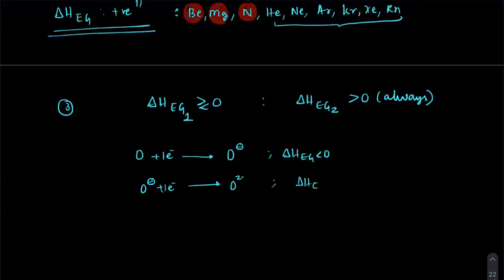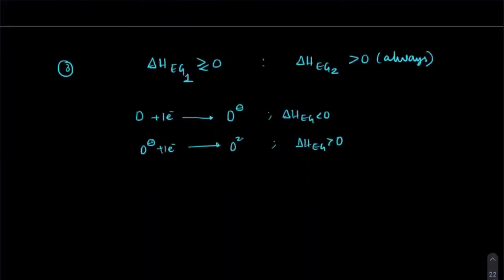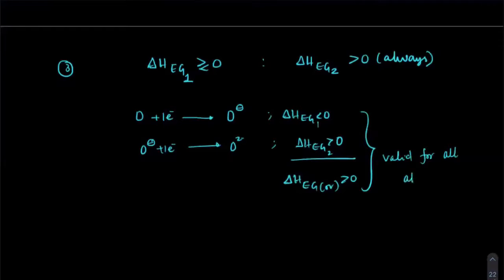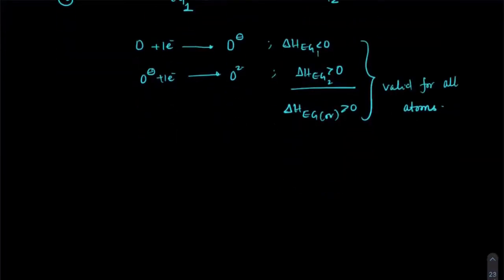Delta H electron gain enthalpy is always positive. This is 1 and this is 2. And the overall sum of electron gain enthalpy will always be greater than 0. This is valid for all atoms. All right, so that's how you can generalize.